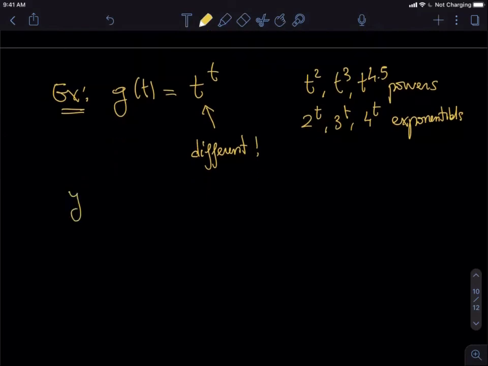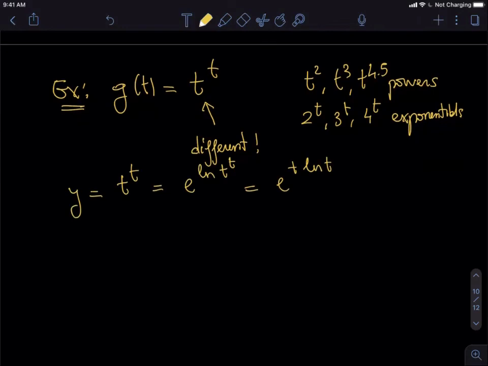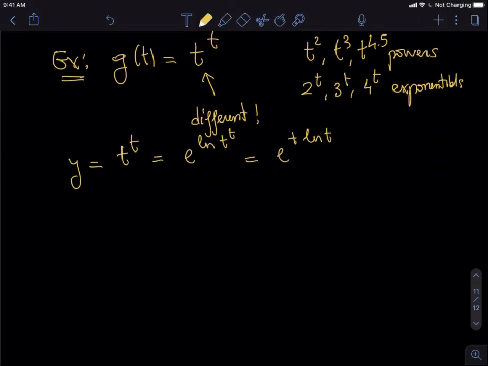Well, same trick. Take the exponential of the logarithm of t to the t and see what happens. Pull down the t using the properties of logarithms. And once we have it written like this, just go ahead and differentiate. Hopefully it will work. So apply the chain rule. This is the exponential of the function that was inside times the derivative of the function that was inside.